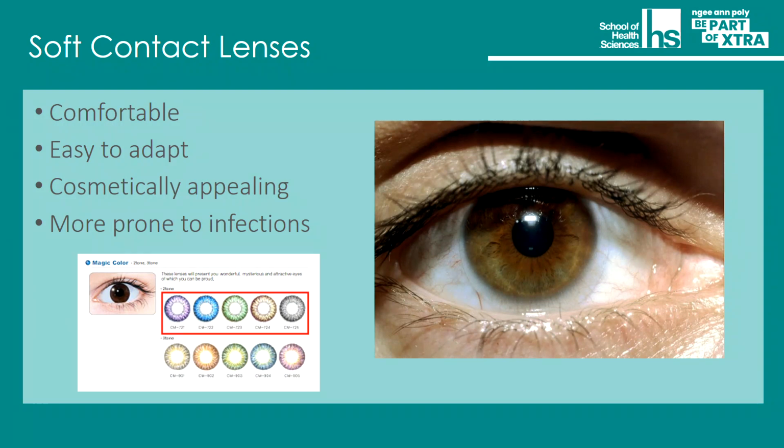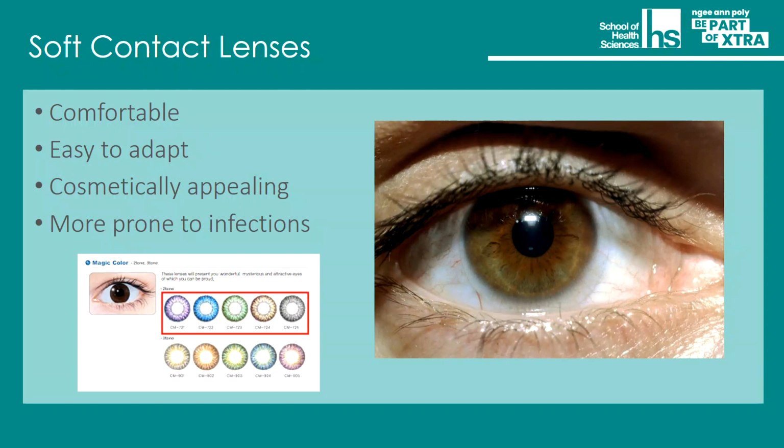They are non-colored, if anything very slightly tinted, but the tint is not for cosmetic reasons, it's for handling reasons. Essentially, they are more cosmetically appealing because they come in different colors, and they also come with options that can make your eyes look bigger. So most teenagers are pretty into this kind of lens.